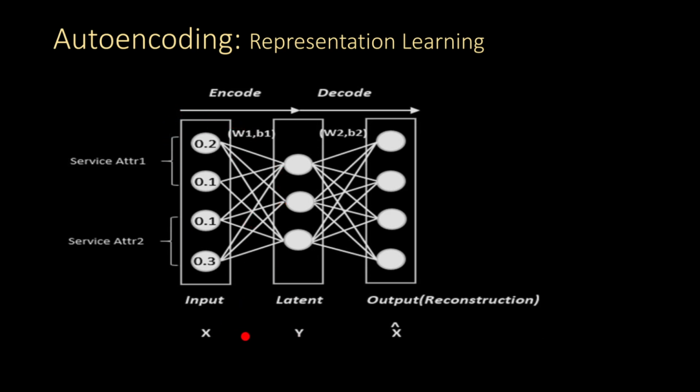All you need is the input, which can easily construct your cost from comparing the estimated output and the actual input. Here, x hat and x. So autoencoders can be construed as a dimensionality reduction algorithm that have quite a few advantages over pure matrix factorization.